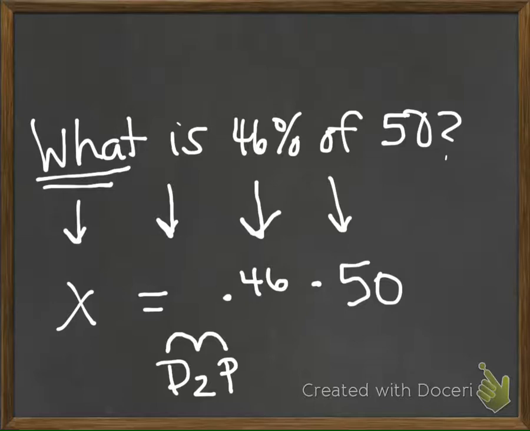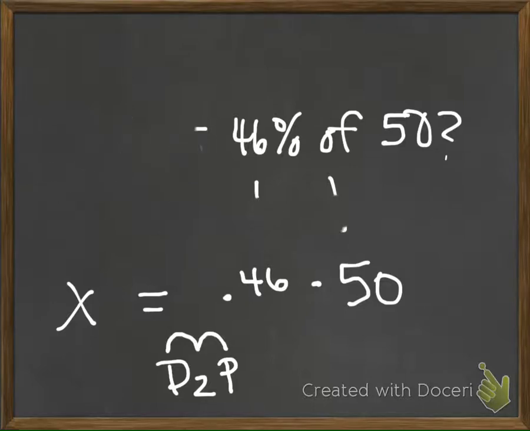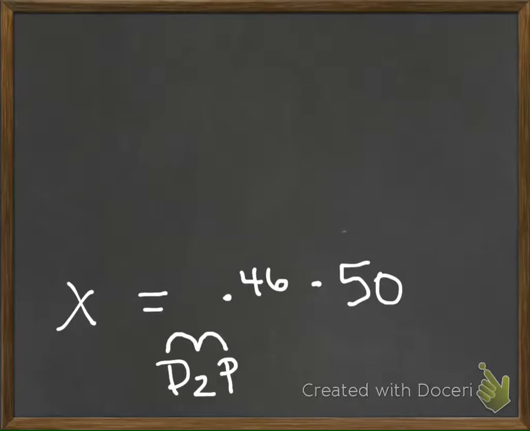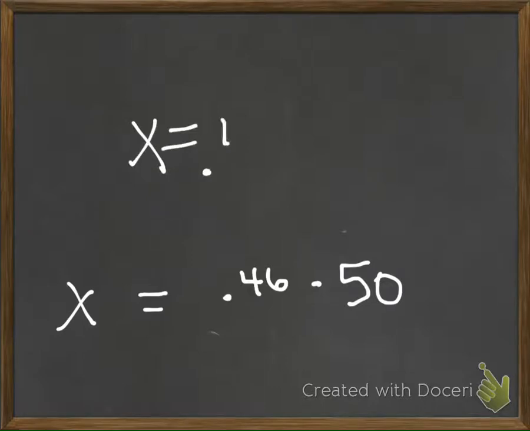So, our new problem, when we erase everything that needs to be erased, is this. X equals 0.46 times 50. So how do we solve for x?